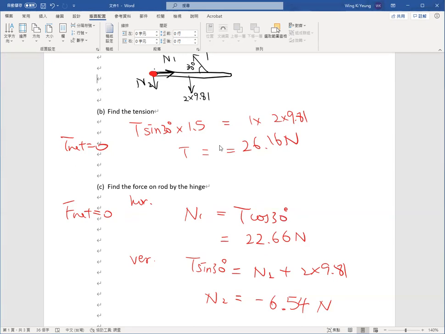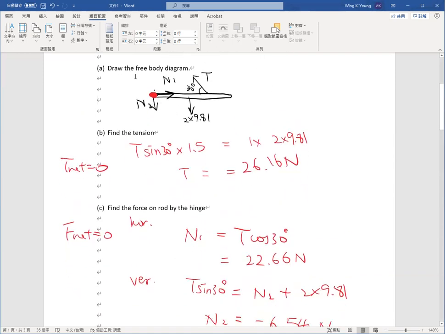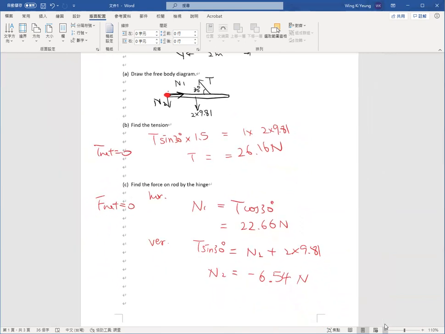But of course, if you know the direction, it's better to let it be that direction. If you let it be in the opposite direction, you get a negative value. But don't worry about it. That means it's in the opposite direction. Okay, so that is a simple example for the moment.